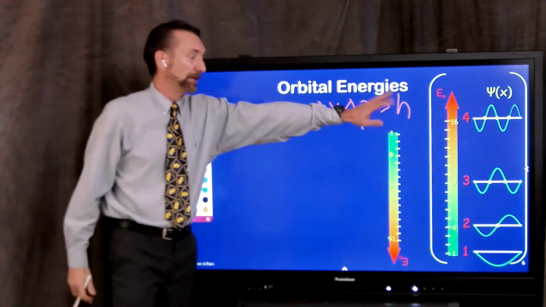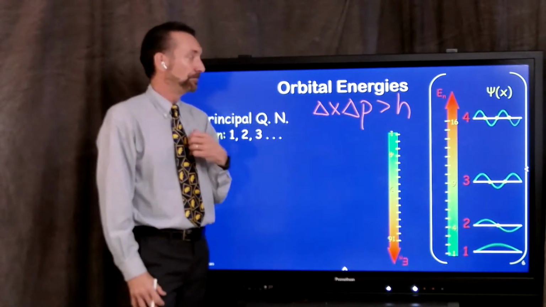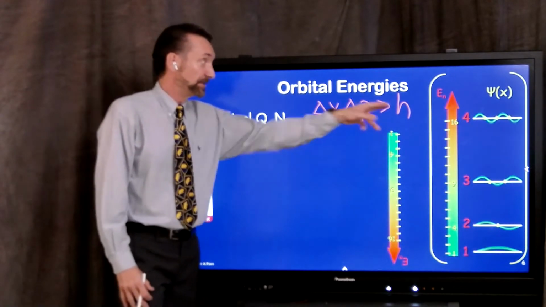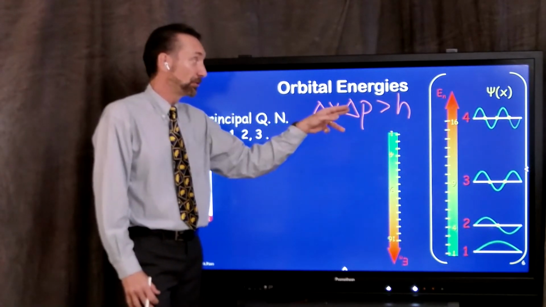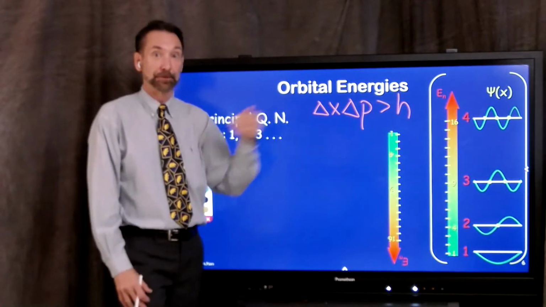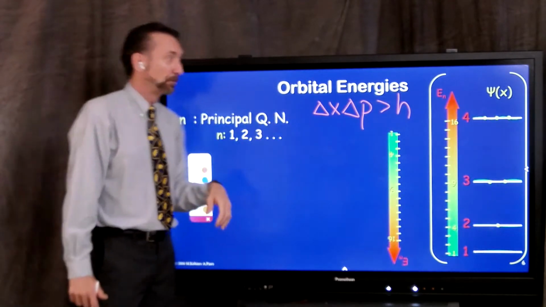The actual value over here I'm not too concerned about. All you know is that the product has a value. So if one of these gets big, the other gets small. They're locked in this inverse proportion.